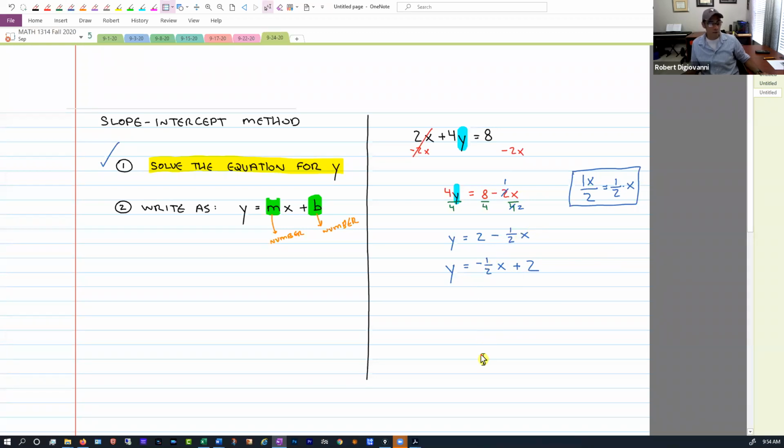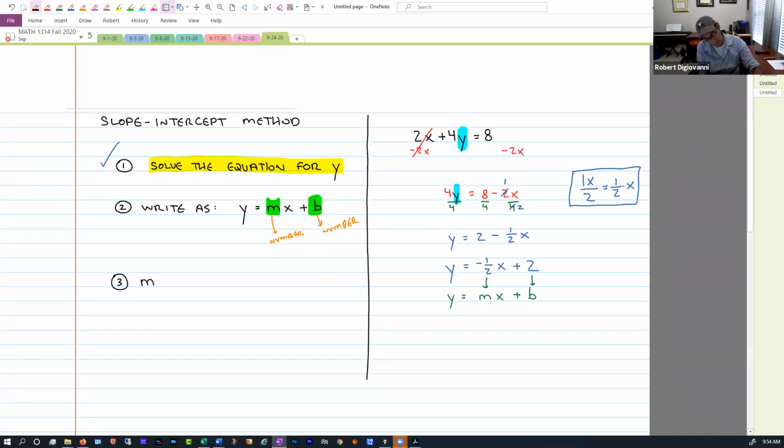So hopefully everyone sees now that this does look like y equals some number, which we're calling m, in front of x plus some number here by itself, b. So that's the next step to the slope-intercept method. Write it in that form. Now here's where the new part comes in if you haven't seen slope-intercept before.